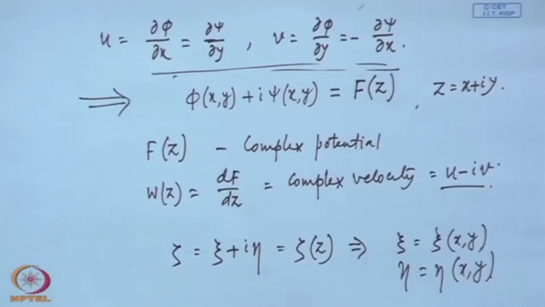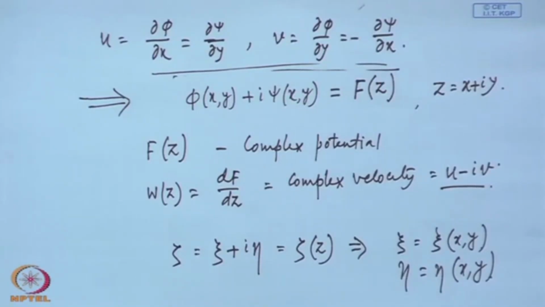this is a transformation from z. The coordinates x and y define a plane, which we call the z plane in complex analysis. Similarly, in the zeta plane, xi and eta can be thought of as the coordinate axes, just as x and y are the coordinate axes in the z plane.